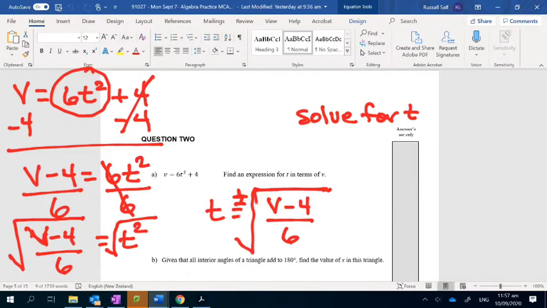But again, it's not on the mark scheme, so I didn't worry about it. Will it ever take points off? No. Okay? So technically it's t equals plus and minus this thing. But that's okay if you just write it like that. But make sure you do extend the radical all the way around the edge.